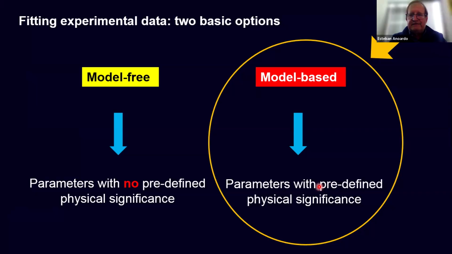Otherwise, usually one is willing to have a physical model with parameters that have a clear significance, because at the end, we use the technique to get some information about a given sample. So we will focus on this point.